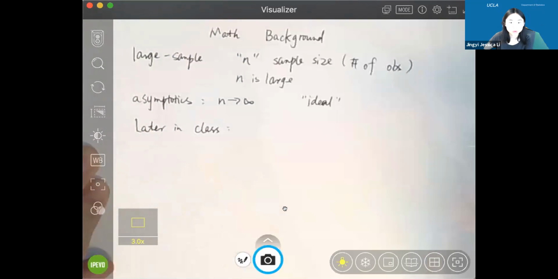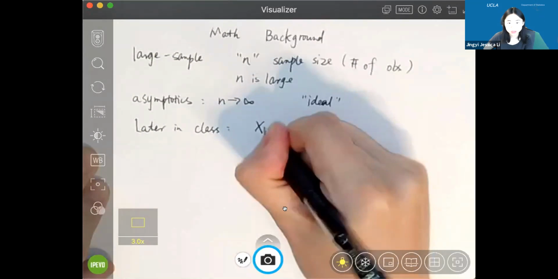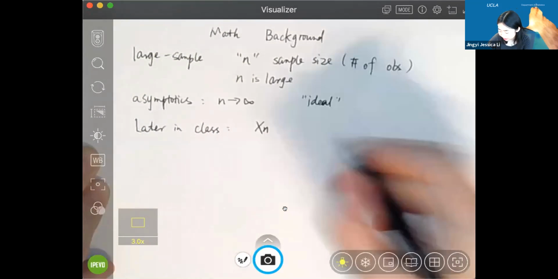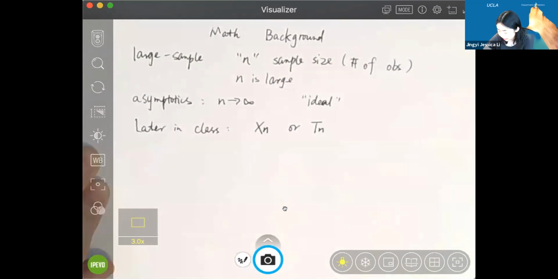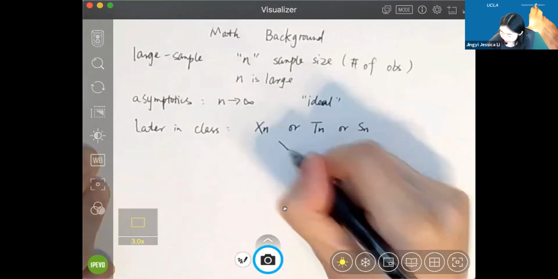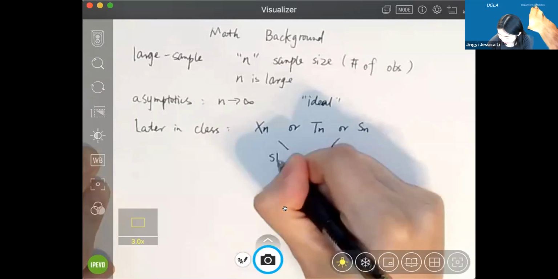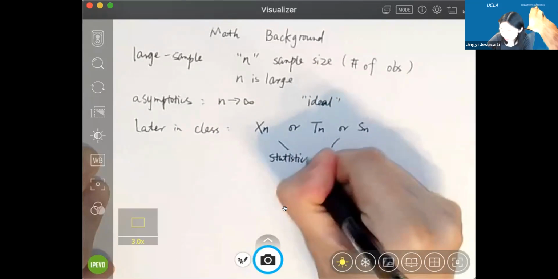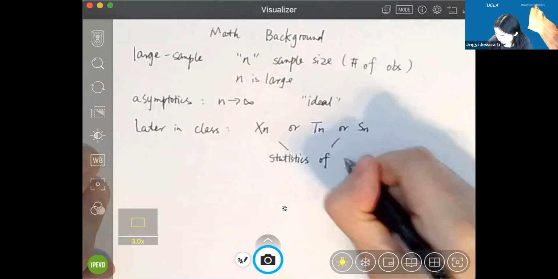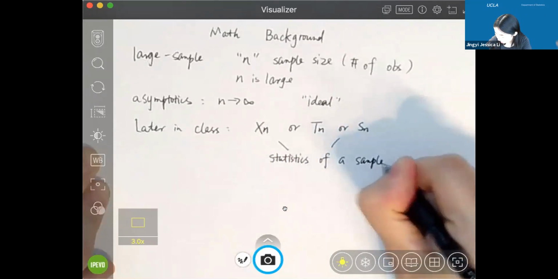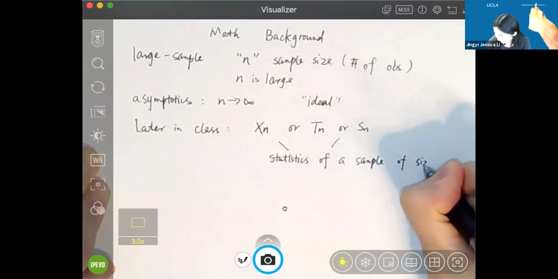We will often use this notation, Xn, or sometimes we use Tn, or sometimes we will use Sn. But no matter which math notation we use, they are all statistics based on a sample of size n.